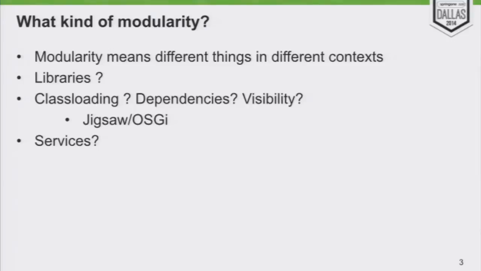If you ask the Jigsaw or OSGi folks, they would tell you that modularity definitely deals with class loading, with dependency management, visibility. So as I said, what this talk is about is mostly modularity through services.